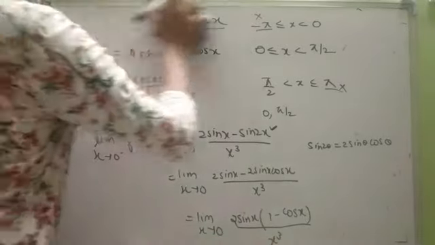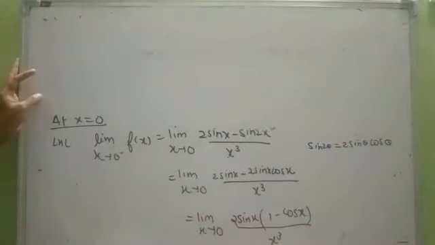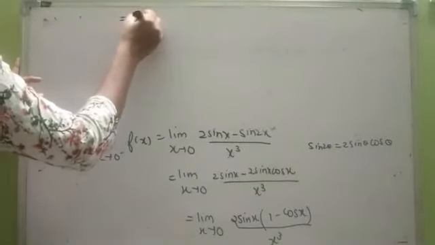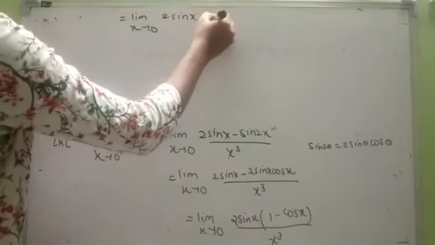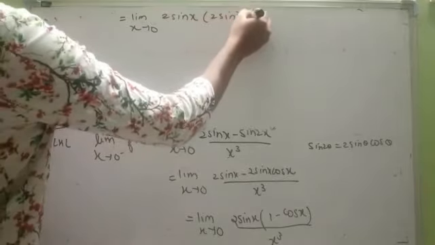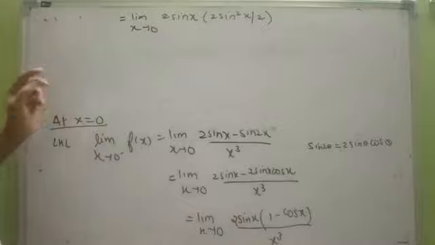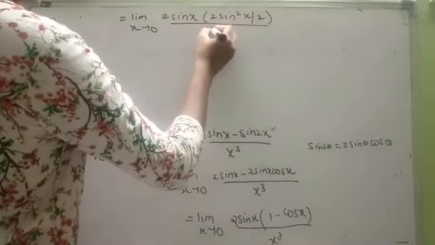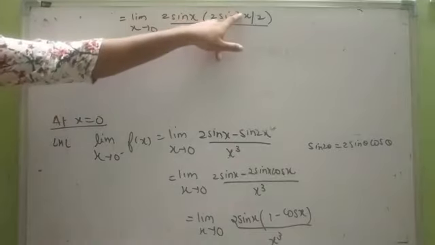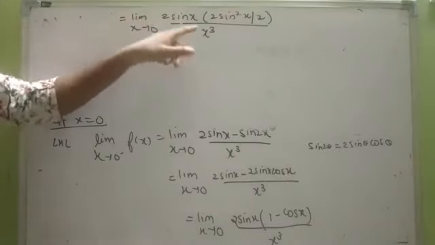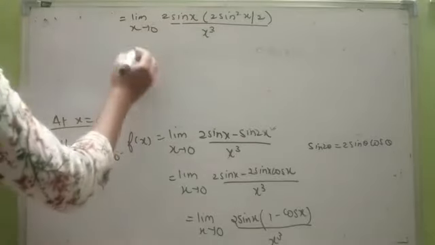So 1 minus cos theta will be 2 sin square theta by 2. Okay, I've converted 1 minus cos x to this, upon x cube. Now total how many terms are there? Sine with 2, and this one 3. And in the same way x also has power 3.